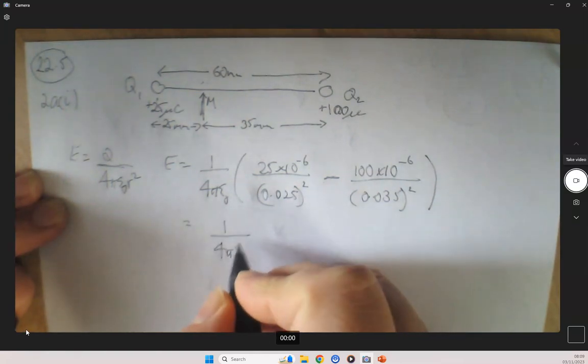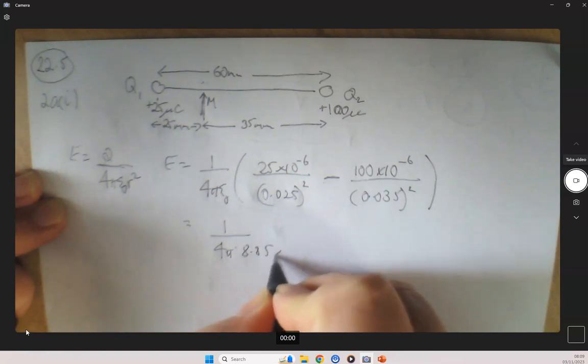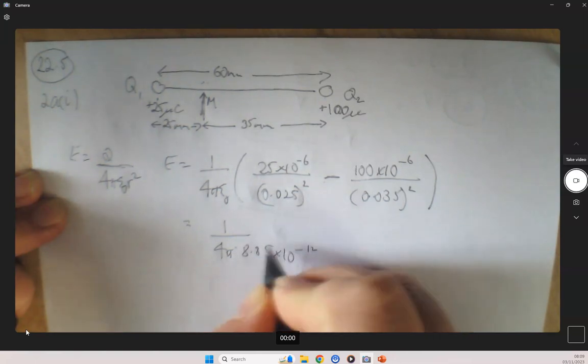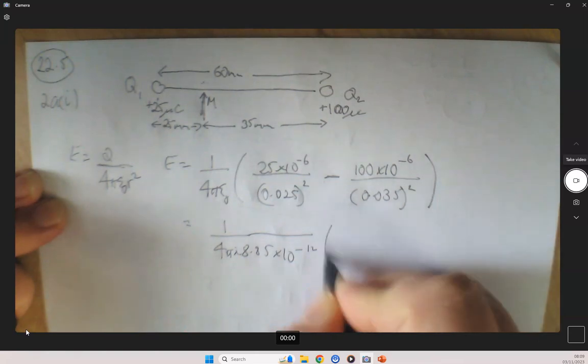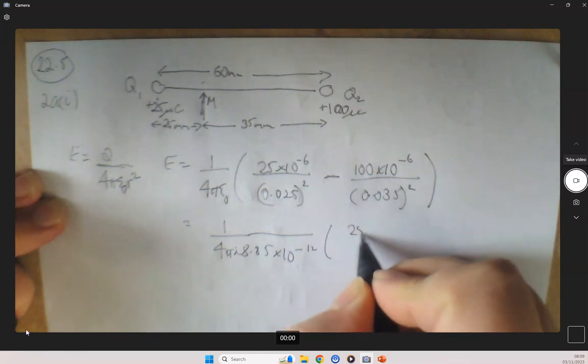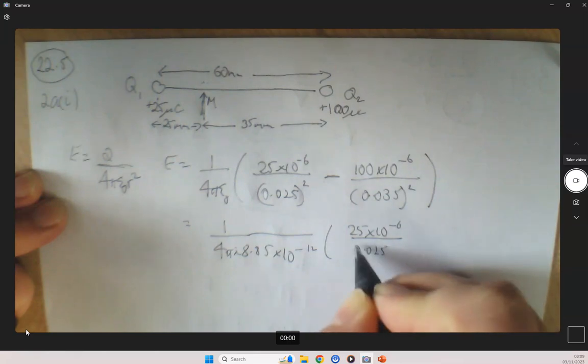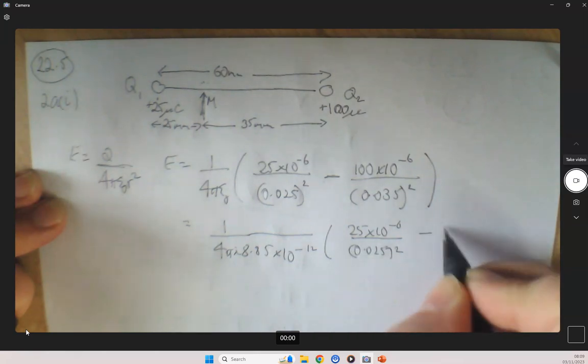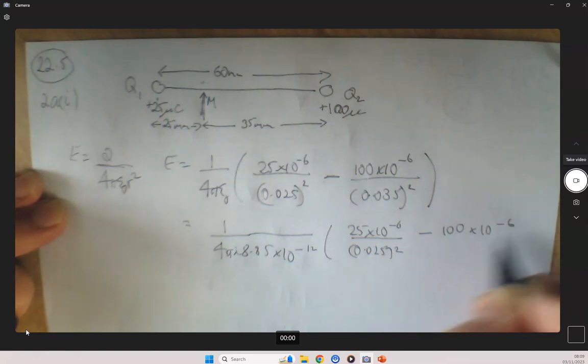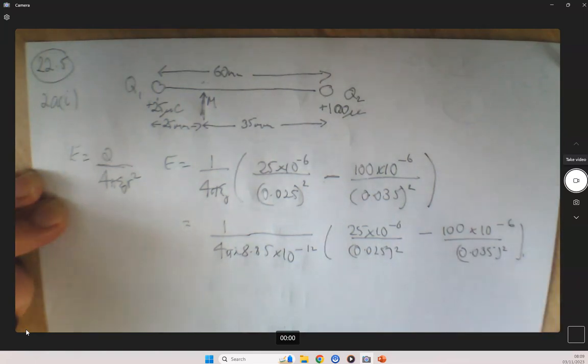Now epsilon naught is 8.85 times 10 to the minus 12. Same equation here, so I've got 25 times 10 to the minus 6 over 0.025 all squared, minus 100 times 10 to the minus 6 over 0.035 all squared.